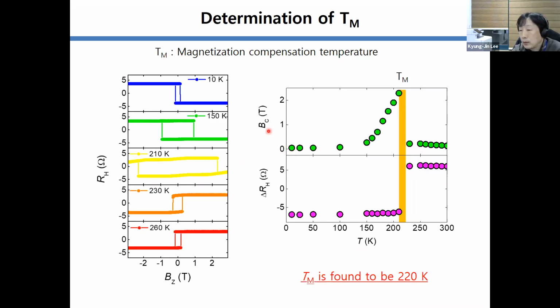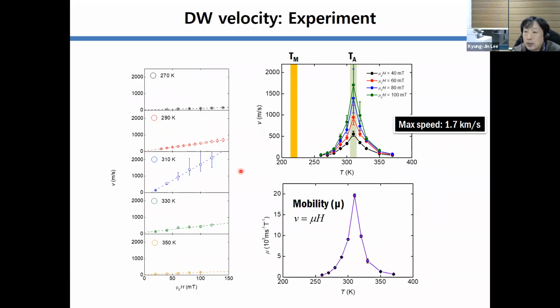So when they plot the coercivity, it becomes maximum at Tm, or when they plot the sign of the anomalous Hall resistance, it changes sign at the Tm temperature. So in this sample, Tm is found to be around 220 K. And they measured the domain wall velocity as a function of the field at various temperatures, and the result is summarized on the right-hand side.